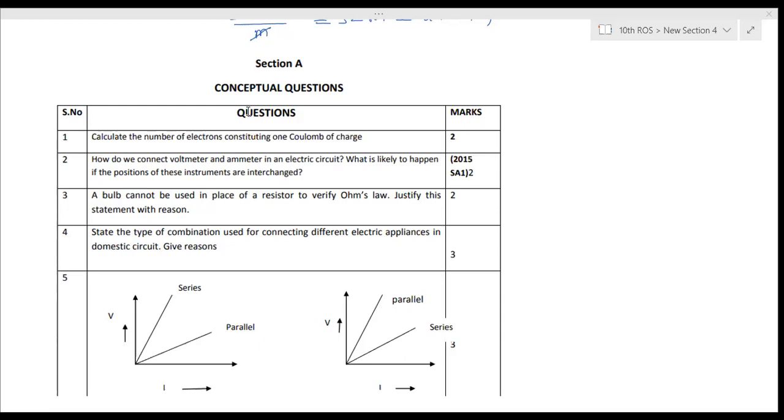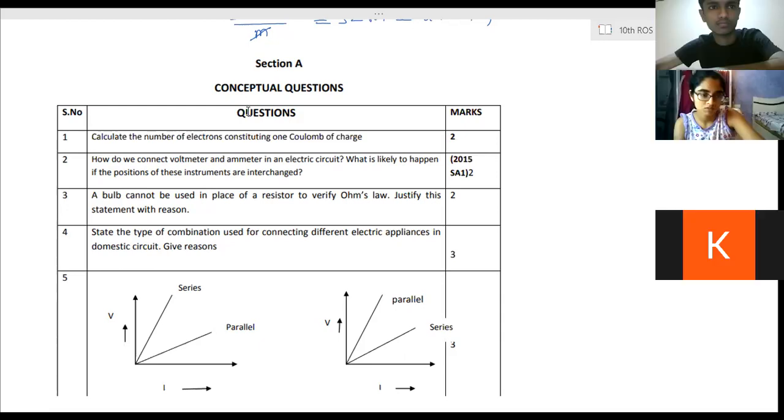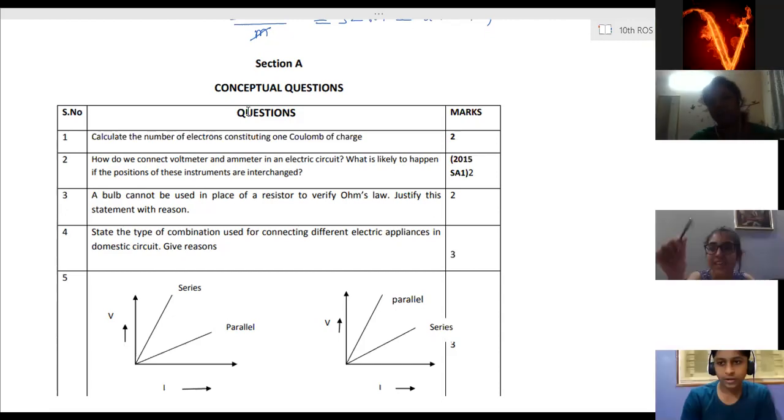Ma'am, in series combination, the potential difference is different, but in parallel combination, it's the same. Generally, appliances work for the same potential difference. So in parallel combination, the similar potential difference can be provided to different appliances.